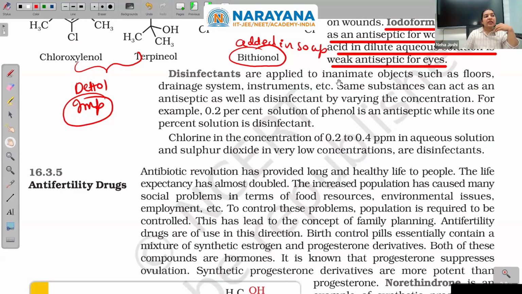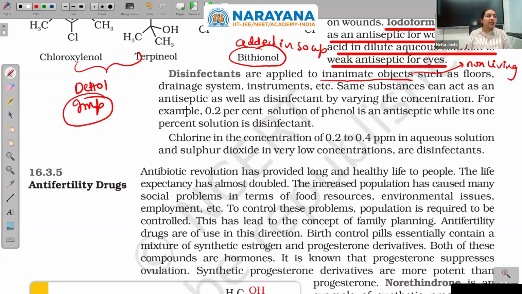Disinfectants are applied to inanimate objects. Inanimate is a simple word for non-living systems, such as floors, drainage systems, instruments, etc. Like those sanitizers we use, those were disinfectants.